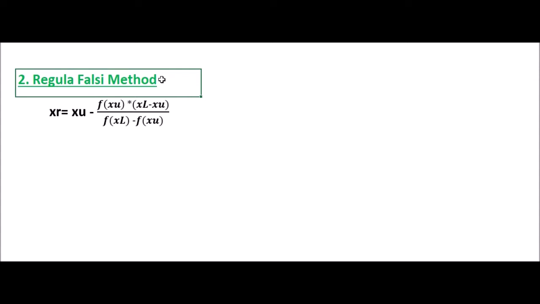So, ibig sabihin, if for example nag-solve tayo dun sa week 1 natin, meron akong problem dun. If I'm going to solve it again using this method, I should come up with approximately the same answer. Okay? Because again, ang goal ng dalawa, nung half interval and itong regula falsi method, is to look for the root of our equation. Alright.